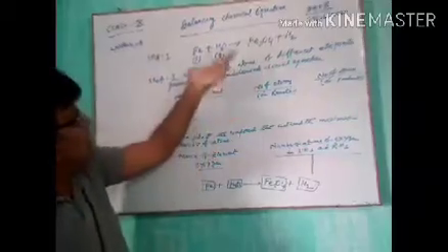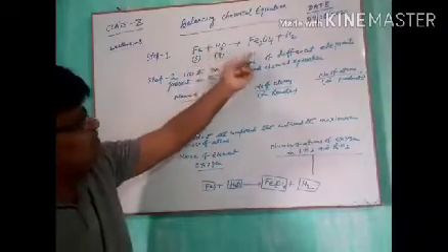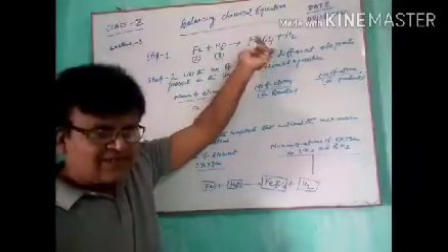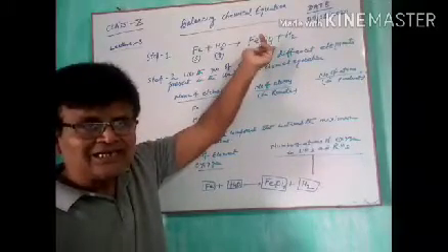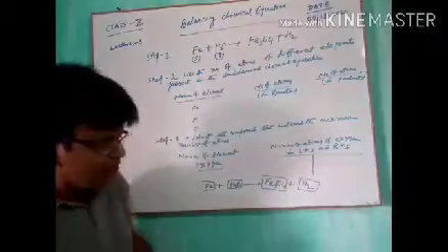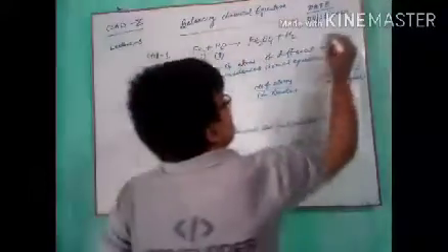Here, after the chemical reaction finishes, we get two types of oxide of iron, iron 2 oxide and iron 3 oxide. It means FeO and Fe2O3.